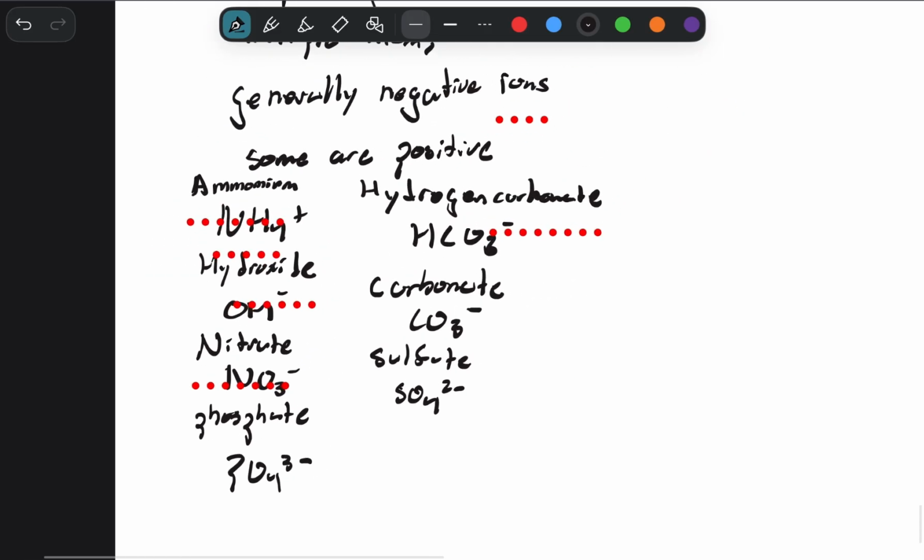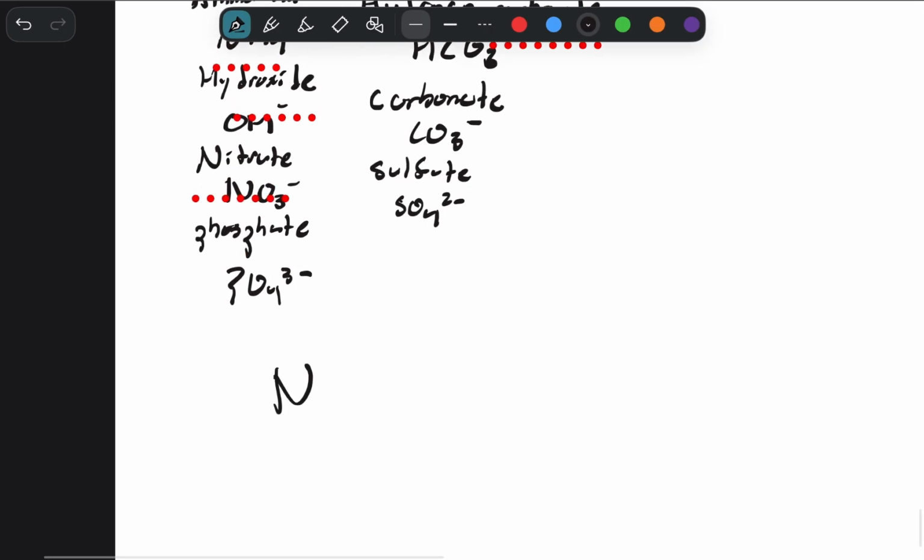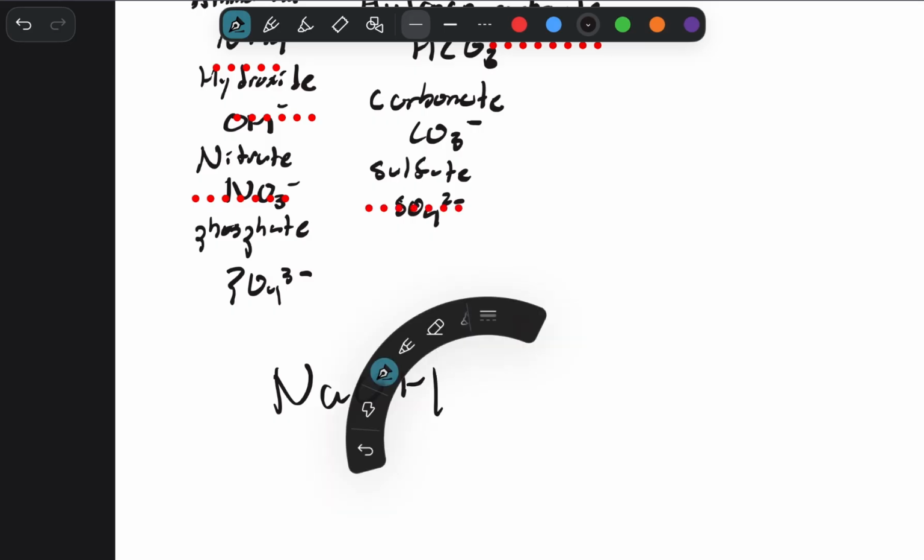Okay, so the reason you have to know these 7 is that they come up really often, and if they want you to name something, you'll want to know them. So let's say you have NaOH. You don't say it's sodium, oxygen, hydrogen, right? It sounds kind of stupid.